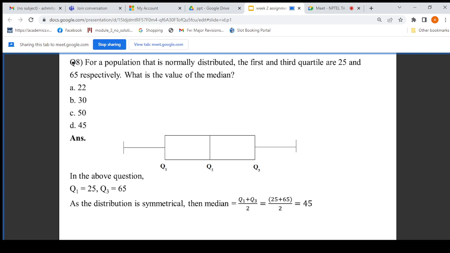If the quartile one is, suppose, 34, and quartile 3 is 69, then what will be the value of the median for a normal distribution?